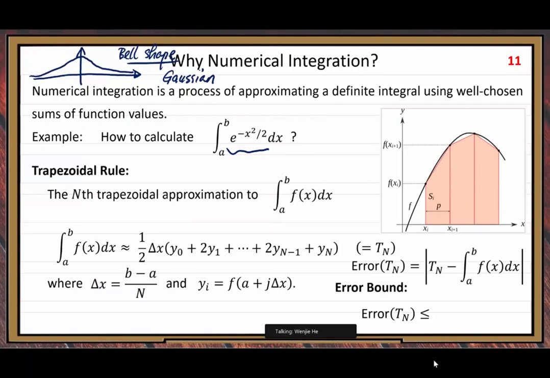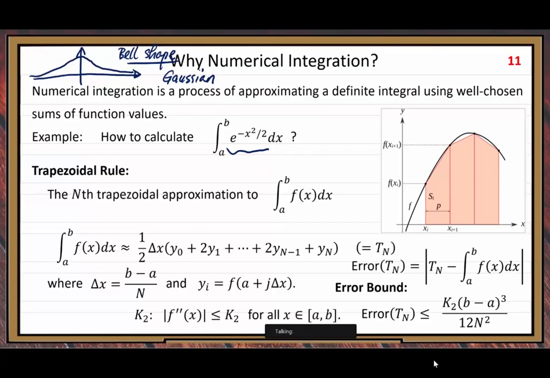And how large is the error? By calculation, there is an error estimate, an upper bound for the error estimate. Capital K2, what's the meaning of capital K2? It is the absolute value of f double prime of x on the interval AB.